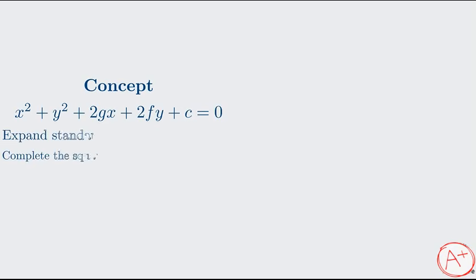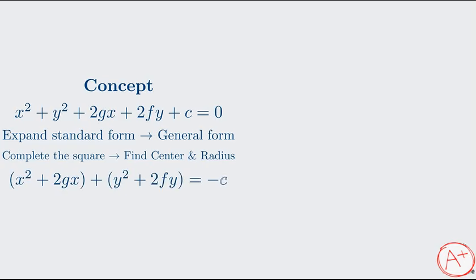Often in the 9709 syllabus, you will encounter the general or expanded form of a circle equation. This form arises when we expand the brackets of the standard form. However, to find the center and radius from this version, we must reverse the process by completing the square for both x and y. We group the terms and move the constant to the right.